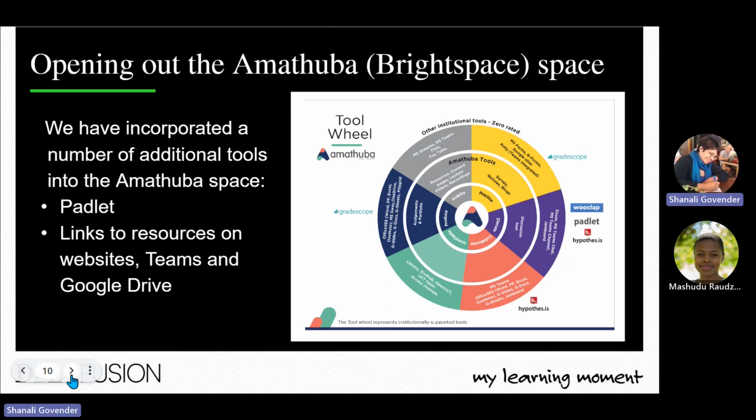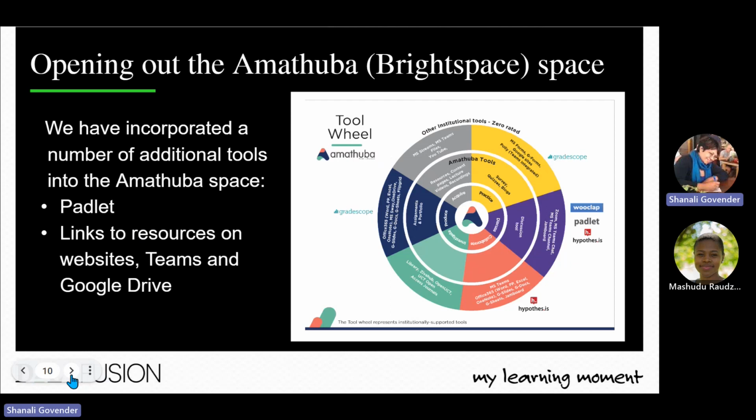On the right-hand side, you will see the tool wheel that we share with staff at UCT. What this indicates is, in relation to the 6 learning types that are outlined in the ABC method, the key tools on Amathuba that are most likely to be utilized in relation to those types, and then additional institutional tools that are also used in relation to those types.